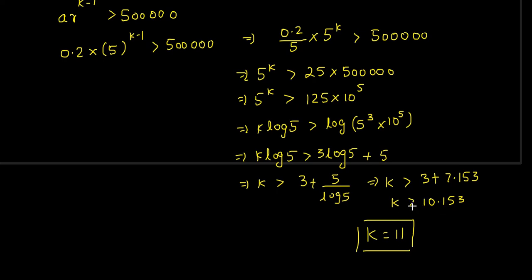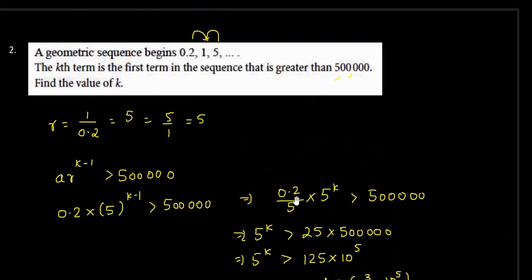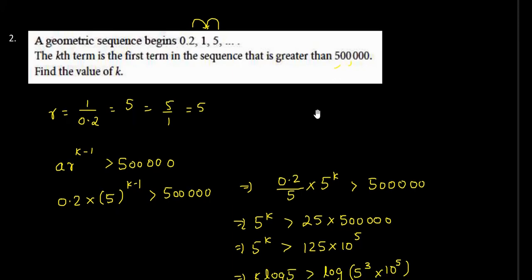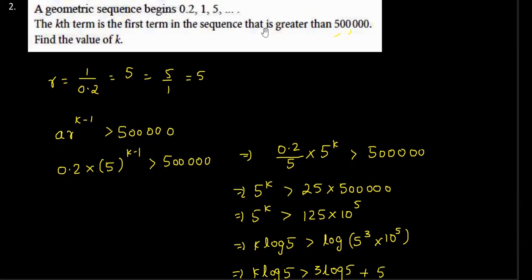The condition is that k is greater than 10.153, and since k has to be an integer, the immediate integer is 11. So the meaning of this question is that the 11th term in this sequence is the first term greater than 500,000.